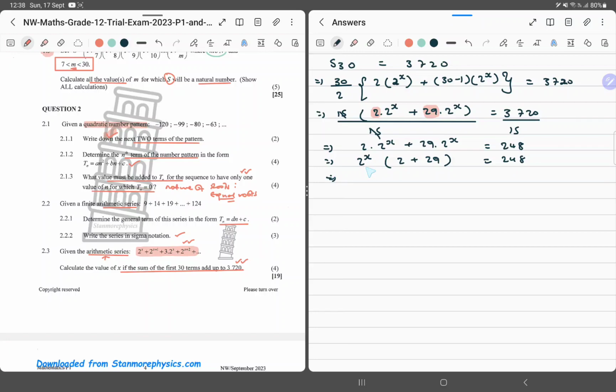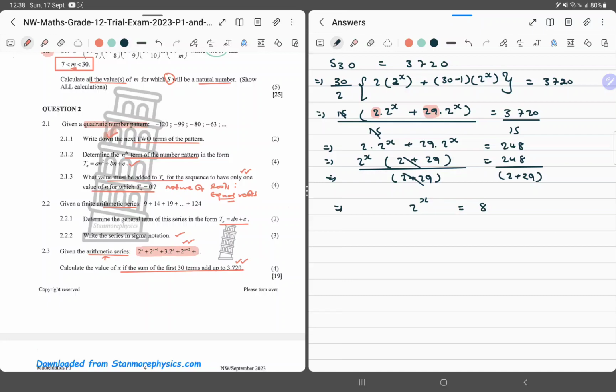This implies that we can also divide by this business here, 2 plus 29, and then here we divide by 2 plus 29. This implies that 2 to the exponent x is equal to 248 divided by 31. It gives us 8.